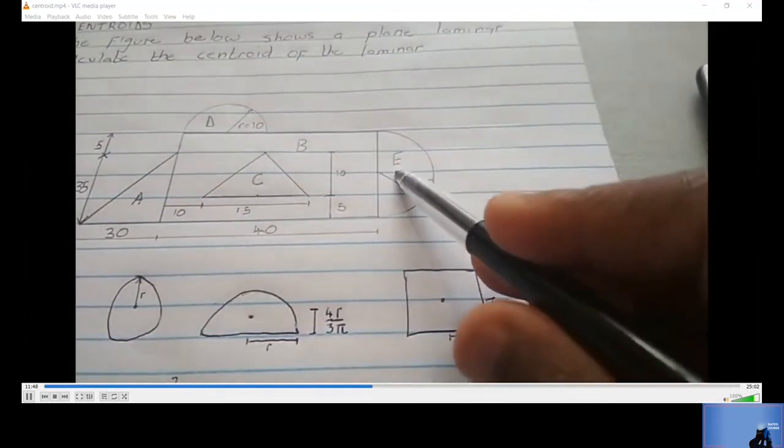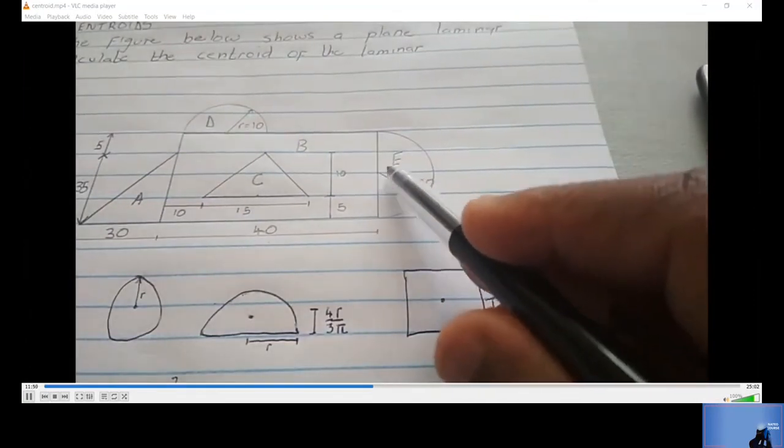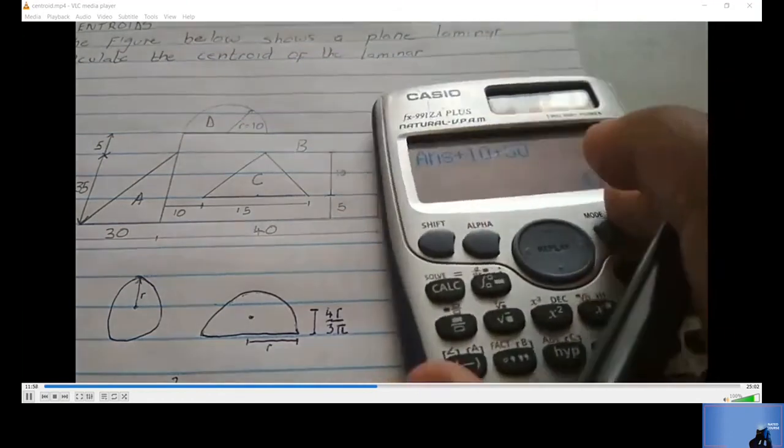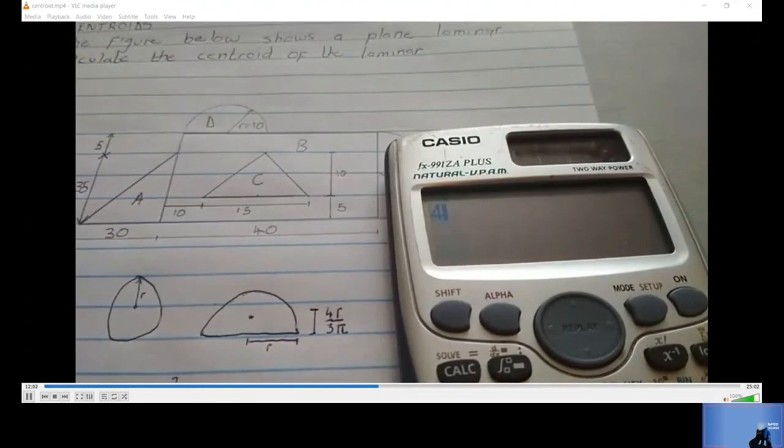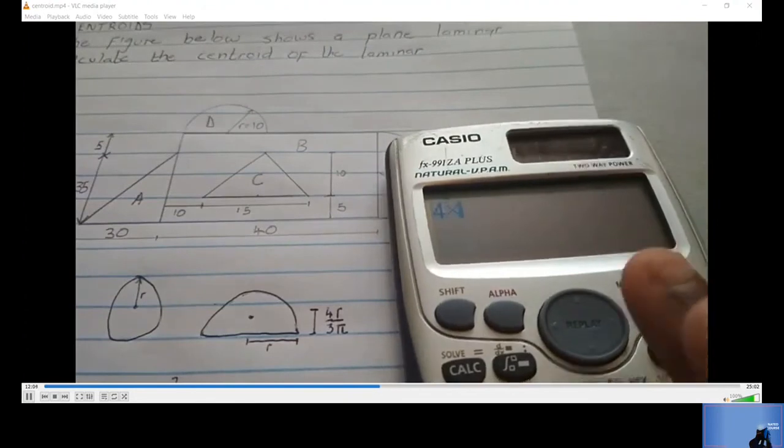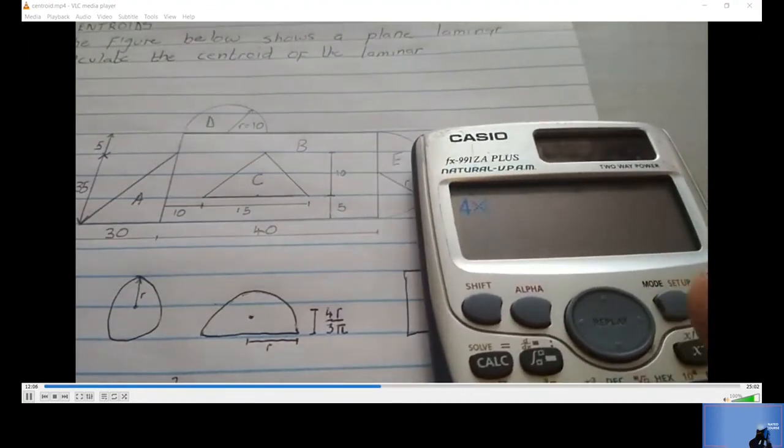And of E, remember we spoke about it, that's the centroid is somewhere there, but that distance from there to there is given by 4r over 3 pi. So we're going to say 4 times the r we're given is 20 times 20 divided by 3 divided by pi.